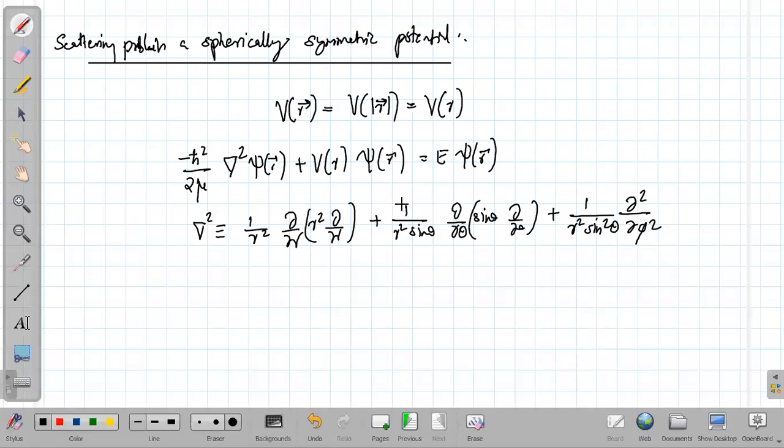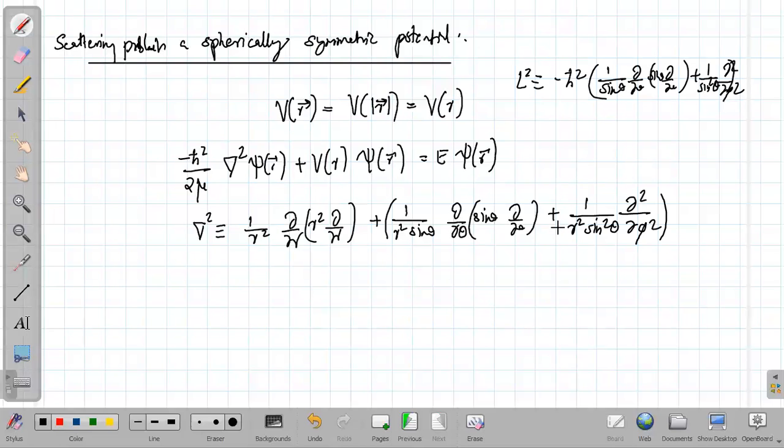Before substituting, it is possible to rewrite this term in terms of the square of the angular momentum, because we already know that L square takes the form minus h cross square times [1 by sin theta dou by dou theta sin theta dou by dou theta plus 1 upon sin square theta dou square by dou phi square].